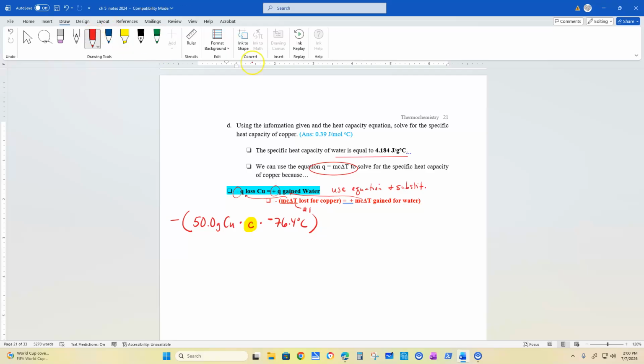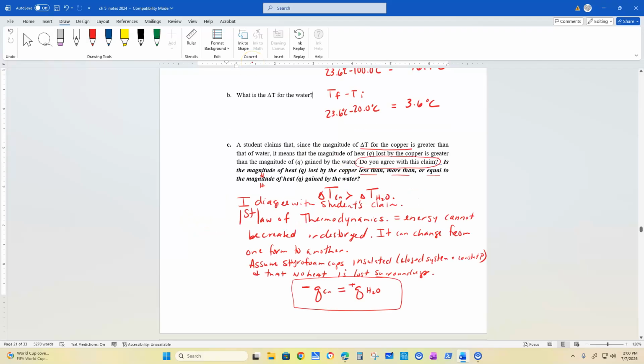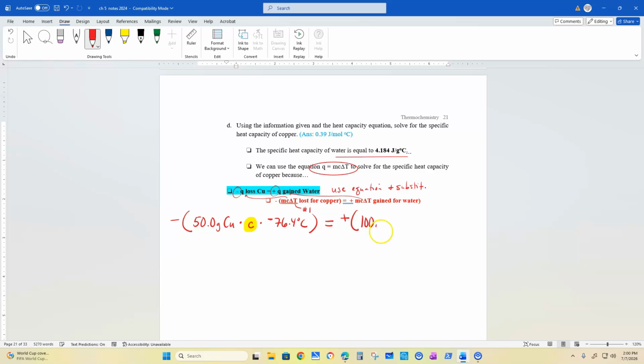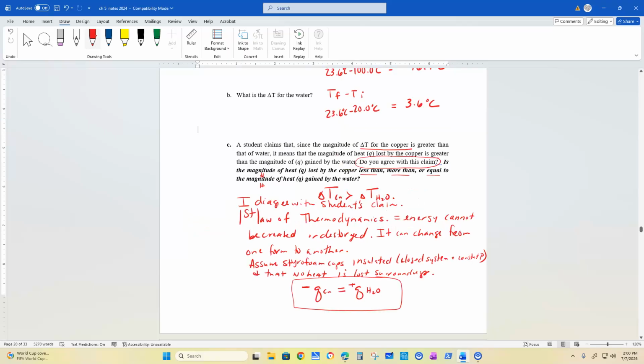Okay, equals the gain. Okay, so I need the mass for water, which we said the mass of water was 100. Specific heat of water, 4.184 joules per gram degrees Celsius. And then we need the delta T for water. So if we go up above, remember we did this in part A, and we did this in part B. So in part B, we said it was 3.6.